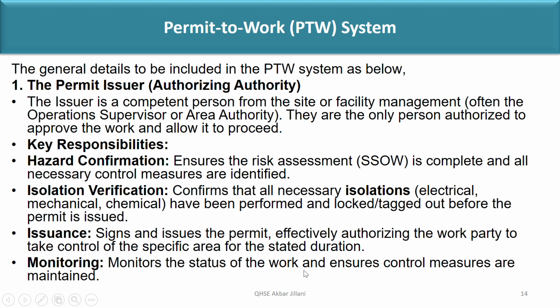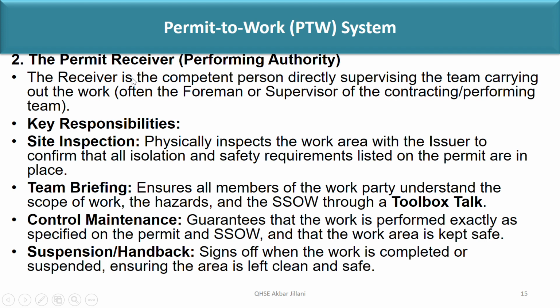Monitoring: monitor the status of the work and ensure control measures are maintained. The permit receiver, meaning the performing authority. The receiver is the competent person directly supervising the team carrying out the work, often the foreman or supervisor of the contracting or performing team.